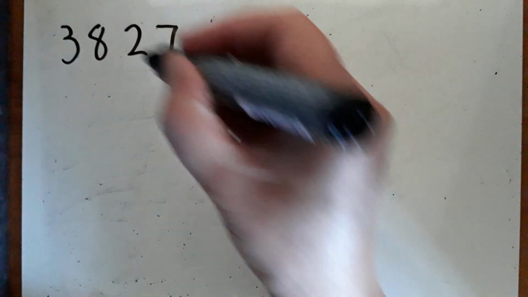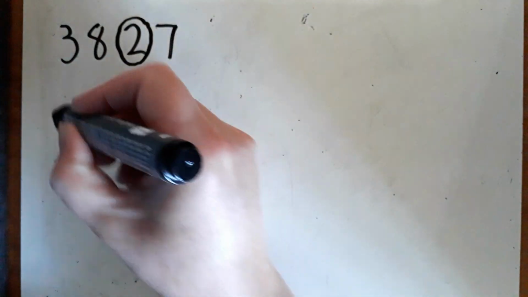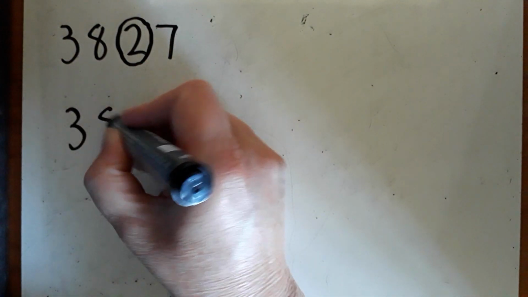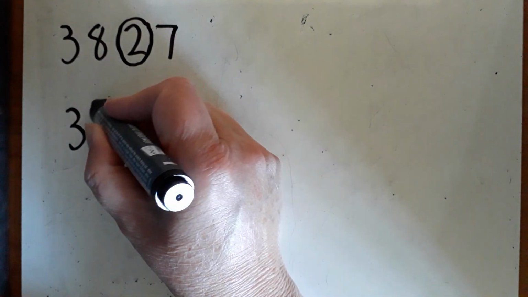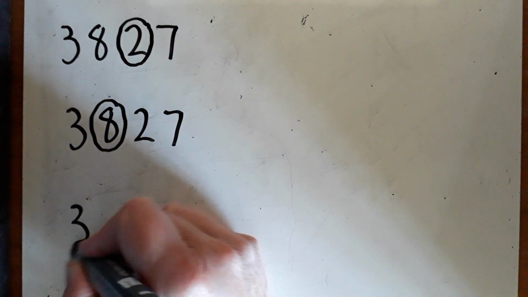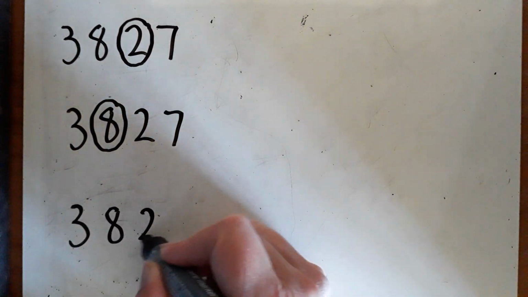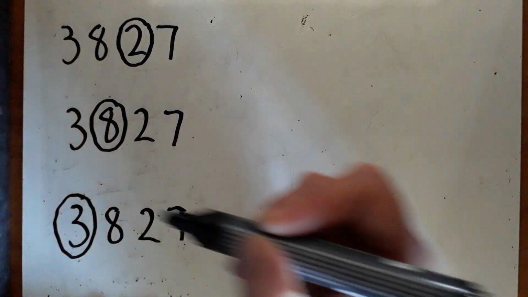First you round to the nearest 10, then you round to the nearest 100, and then to the nearest 1,000.